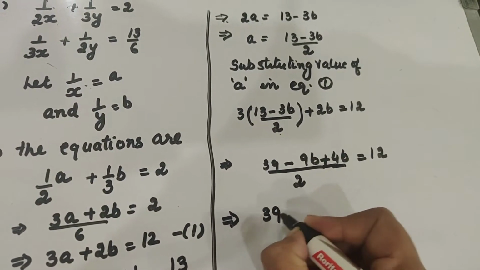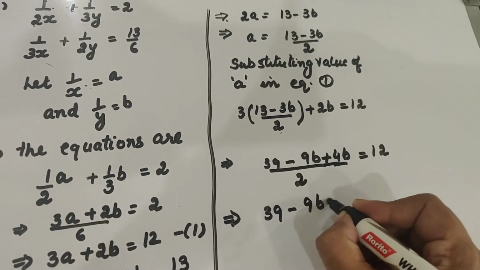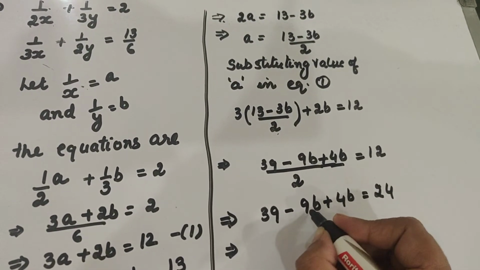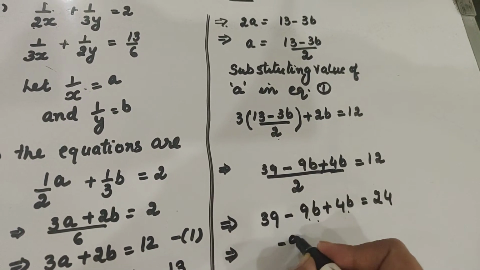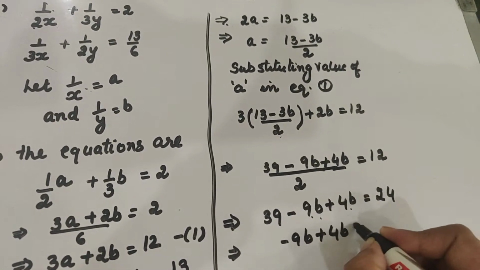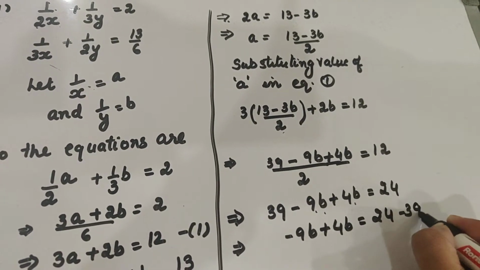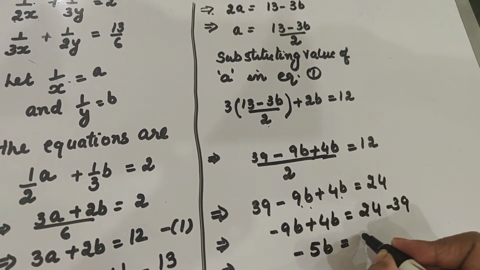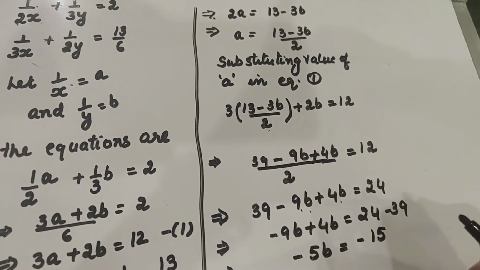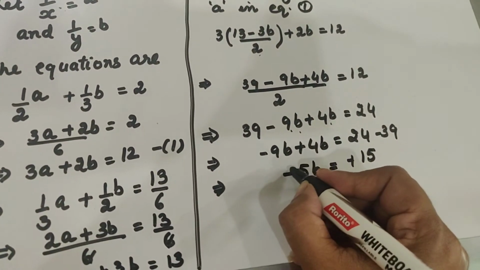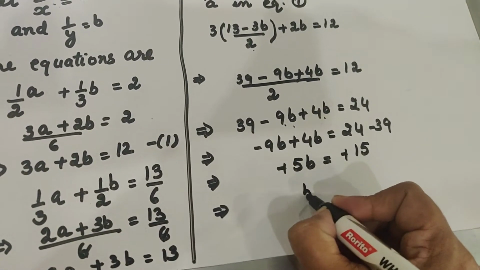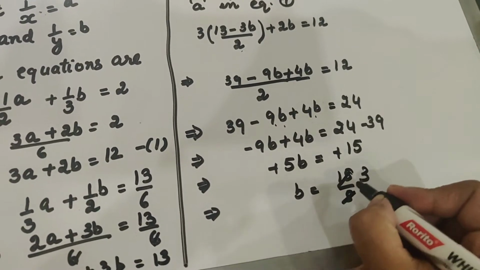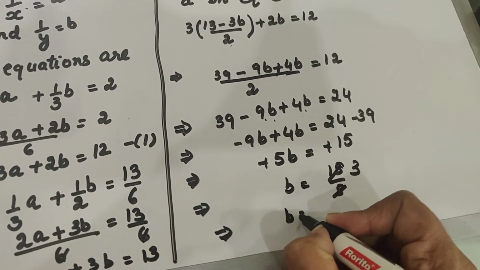So 39 minus 9b plus 4b is equal to 24, and this implies minus 9b plus 4b is equal to 24 minus 39, and this will become minus 5b is equal to minus 15. Right, children? So minus will be cancelled from both sides. You will get b is equal to 15 upon 5, that is 3. So you will get the value of b as 3.